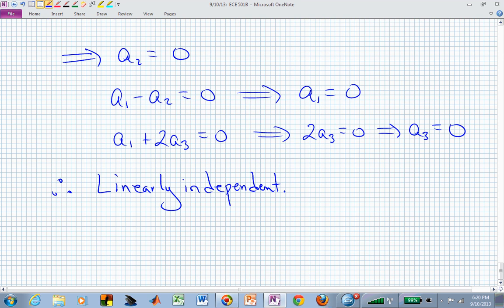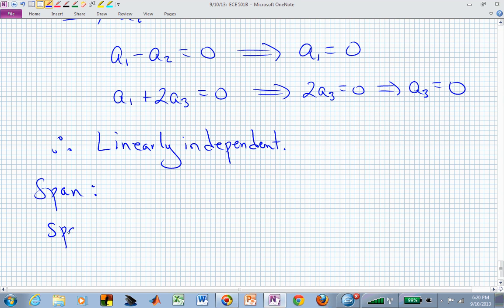Now we need to check on the span condition. How effective are these vectors at spanning this vector space containing the second order polynomials?